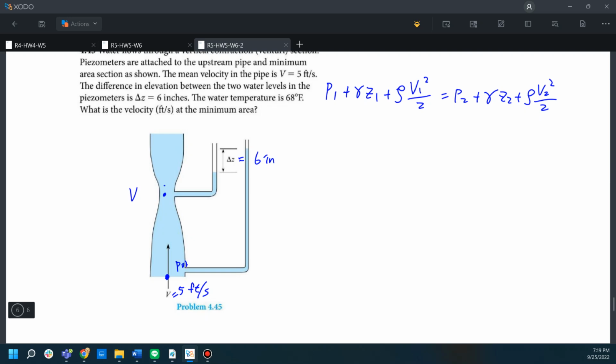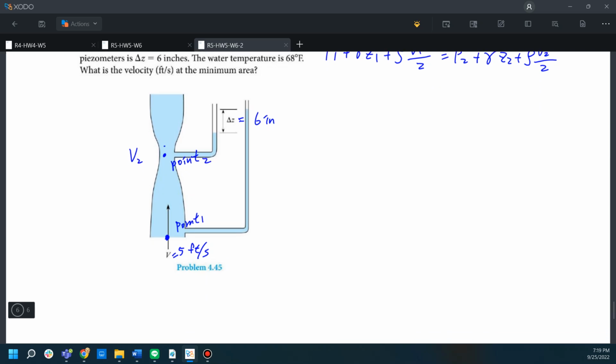This is point 1, this is point 2. So this V2 is the variable we want to solve, and this V1 is already given by the problem. That is equal to 5 feet per second. Okay.